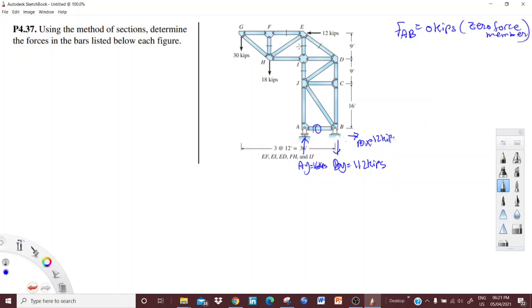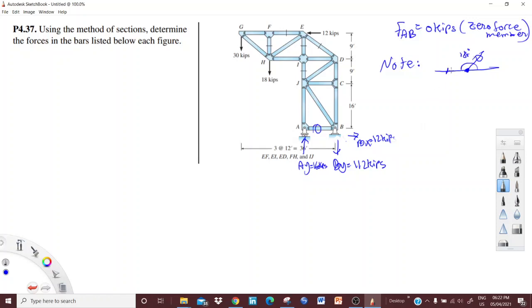Let me give you an important note. If you find a joint, and it has a force coming outside, this is 180 degrees, so this is called a zero force member.